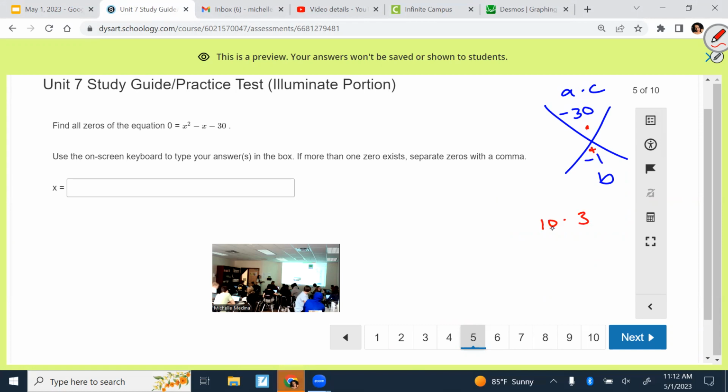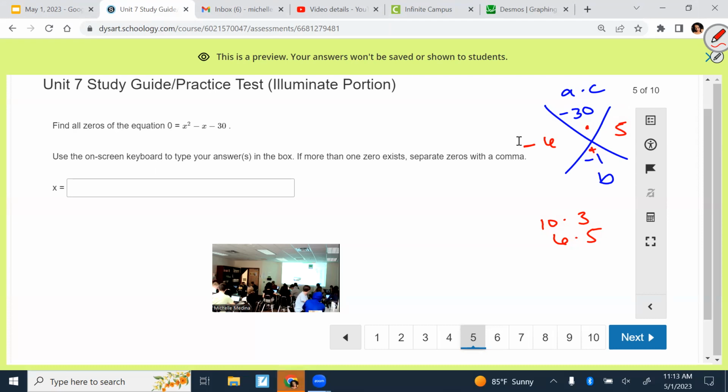I don't think there's a way that I can play around with the 10 or 30 to make it add to a negative 1. So try again. What else multiplies to 30? I think 6 and 5 could work somehow. Which one would have to be negative? The 6. If it adds to a negative, the negative needs to be on the bigger number.